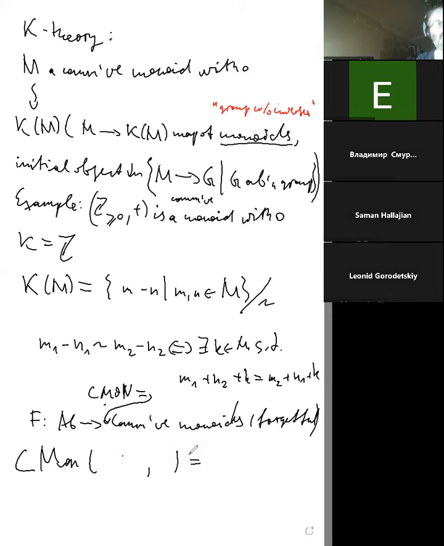What do we know? We know that the maps of abelian groups from K of M to G are the same as maps of monoids from M to F of G. Okay, well, so indeed, K is the left adjoint and F is the right adjoint.